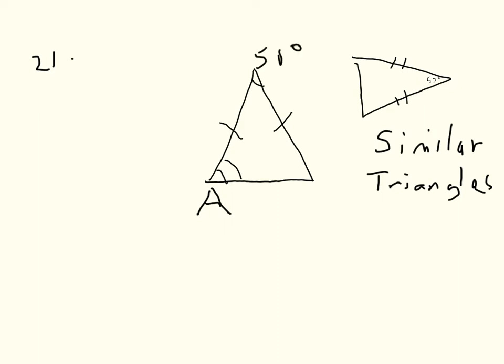We also know that, because it's an isosceles triangle, these angles are congruent to each other. So of the 180 degrees in the triangle, we've taken up 50 of them with this angle, leaving 130 degrees to be split evenly between angle A and its partner over here.